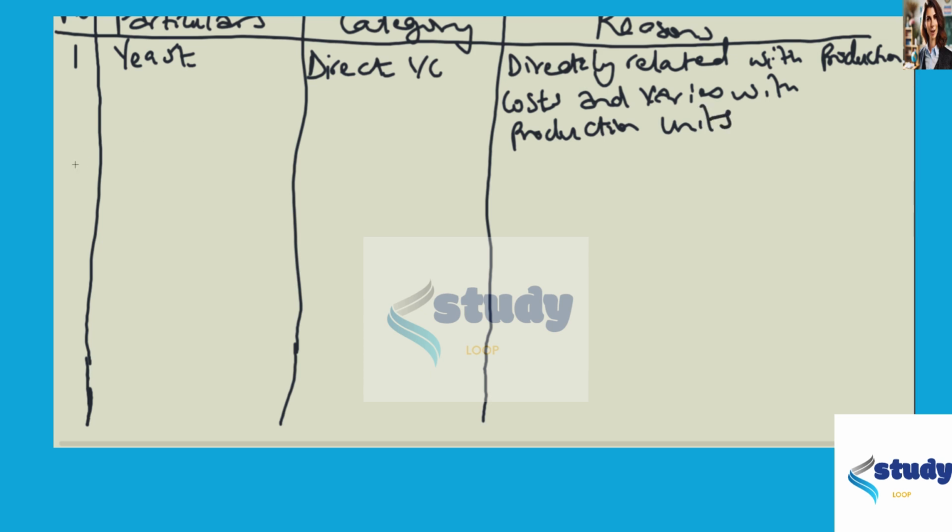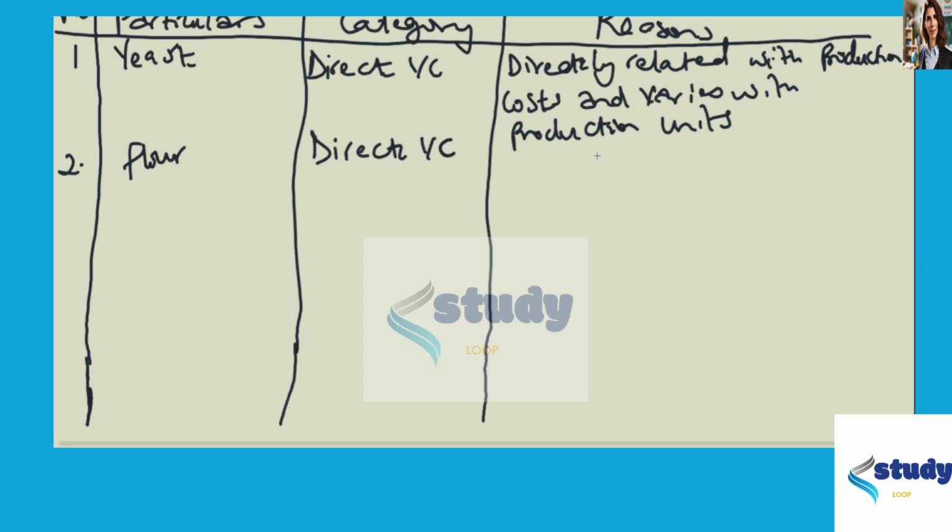Now the second one is flour. Flour is a direct variable cost too, because it is directly related to the cost of production and it varies with the unit of production.